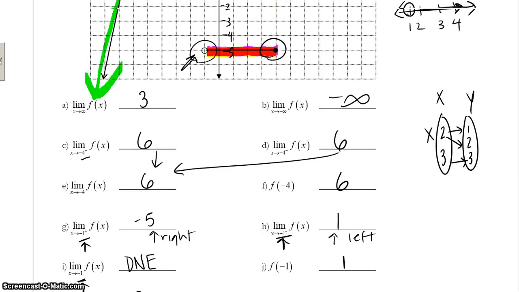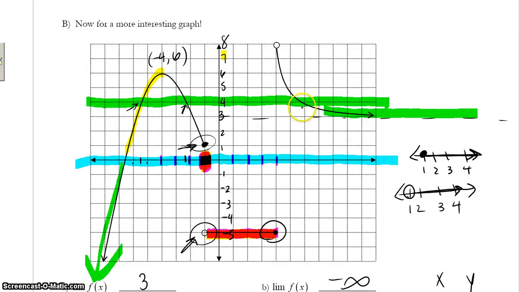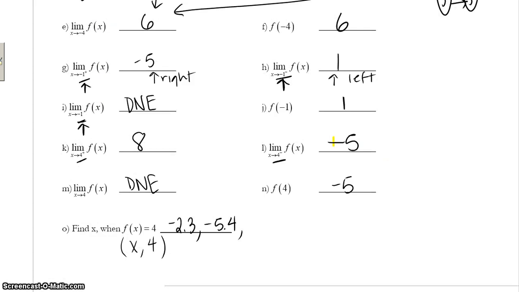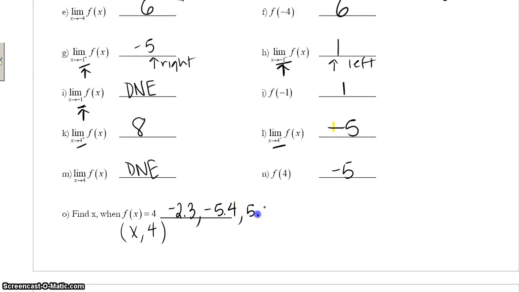And we have one more on our right side here, which is about 1, 2, 3, 4, 5, 6. So it's a little bit before 6, so let's call that about 5.8. And these are all the x's when our f of x is equal to 4.